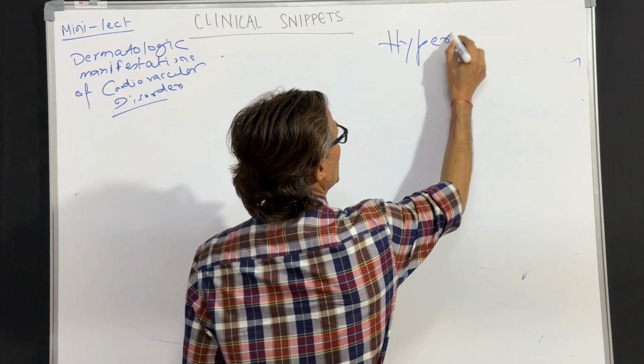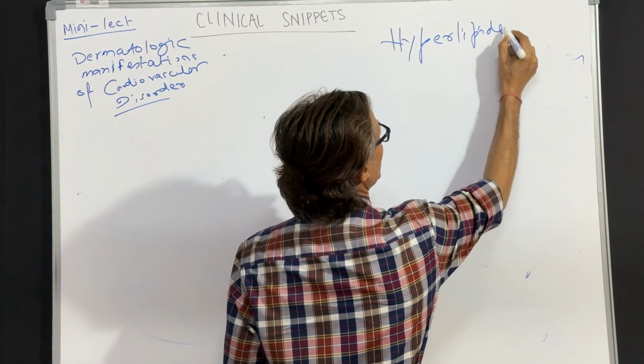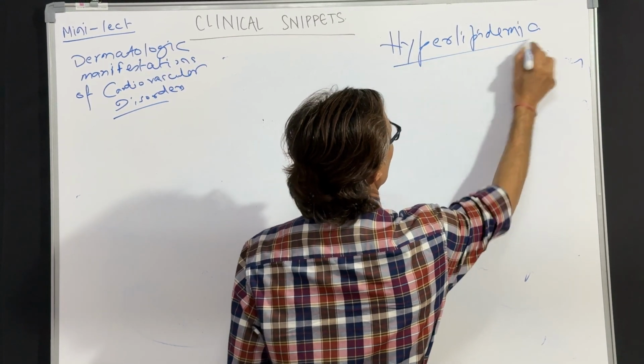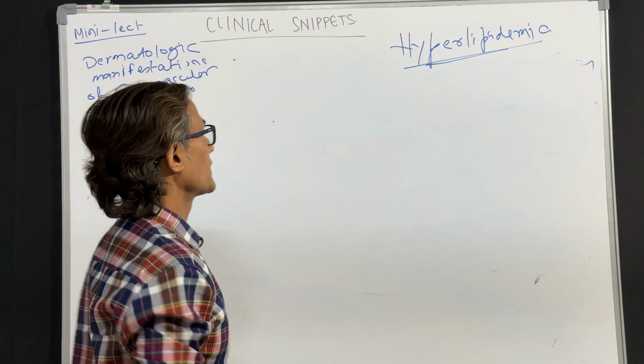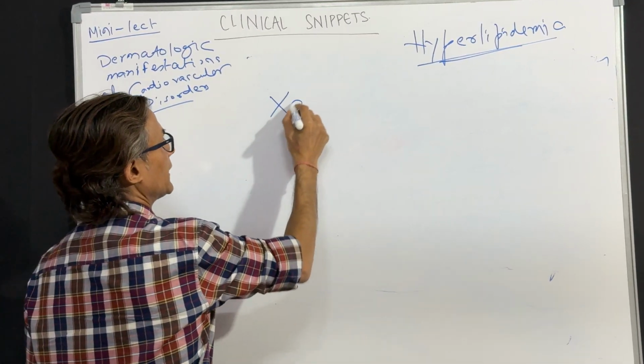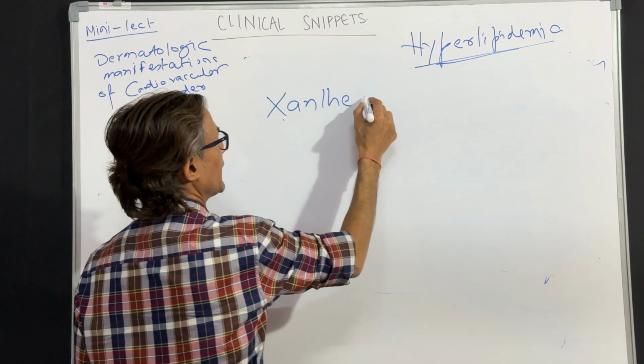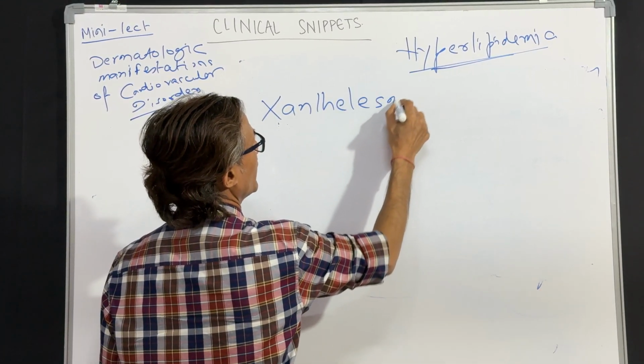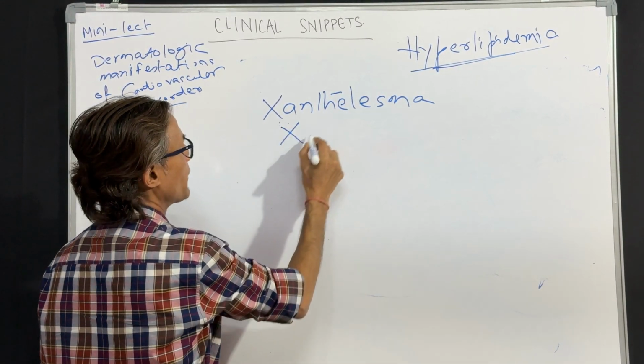Hyperlipidemia. So what are the cutaneous associations? First will be xanthelasma and xanthomas.